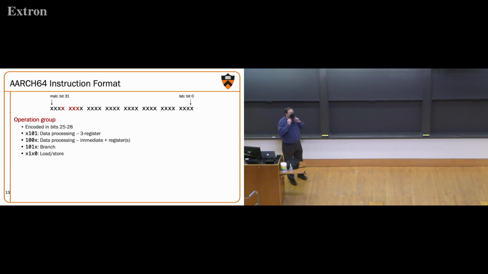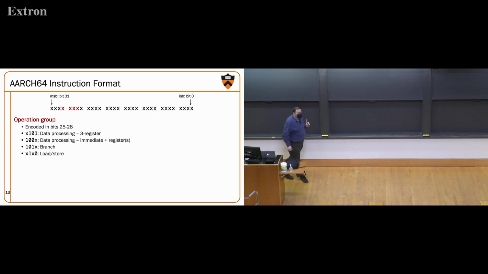There are a few main classes of instructions. Some are going to be good old manipulation instructions, ALU instructions, that take 3 registers, 2 source registers and a destination. There are some others that take 0 or 1 source registers and an immediate value, that is, a constant value that's actually encoded in the instruction, together with a destination register.